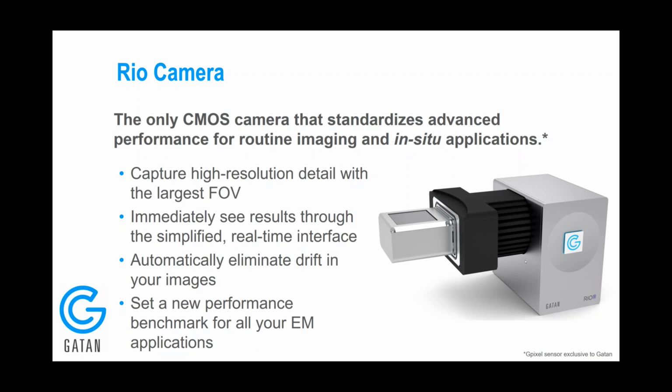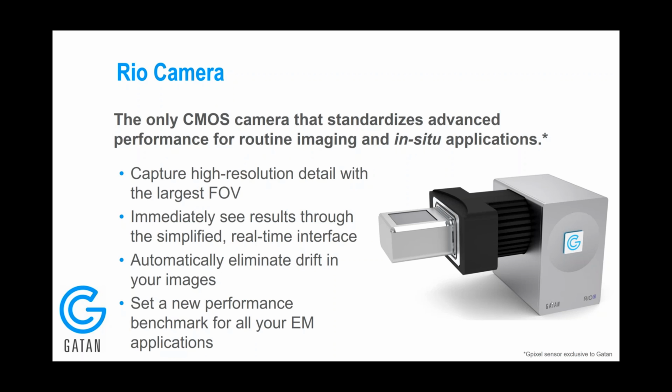With the Rio camera, which has several flavors, and I will show you a table with different models of the Rio camera, you can capture really high quality, high resolution images without having to compromise the field of view. So you can have a very large field of view and still get good high resolution details in your image.